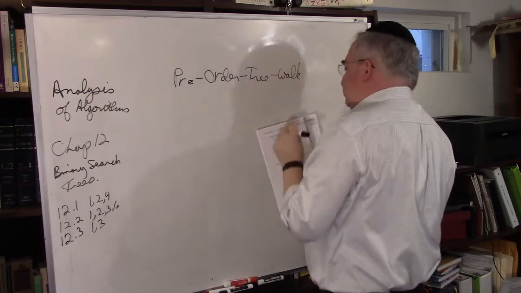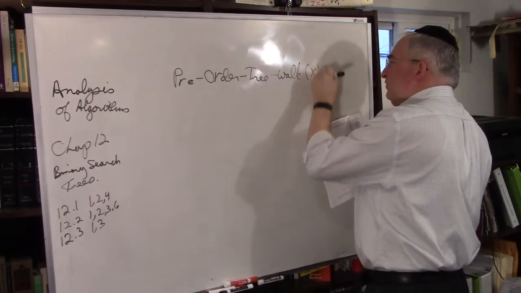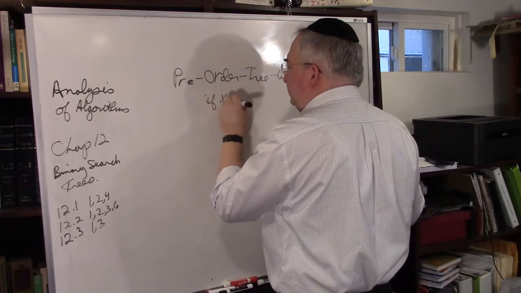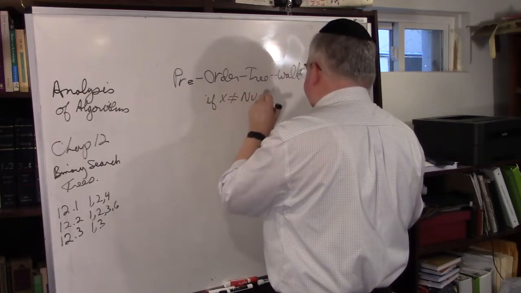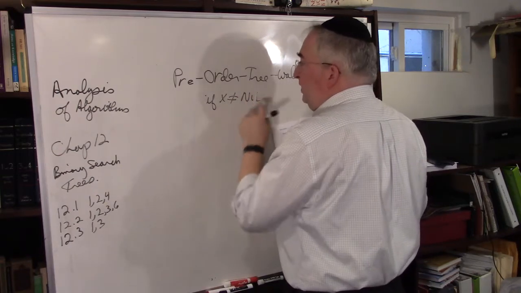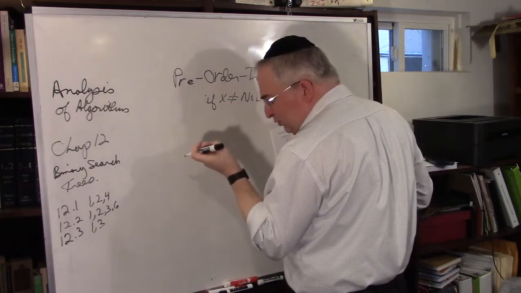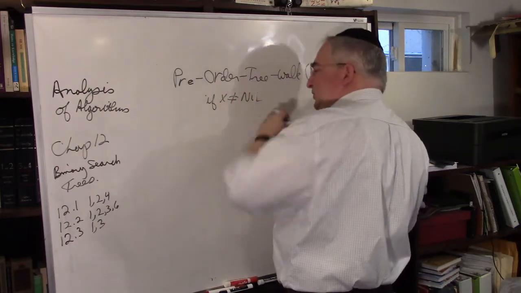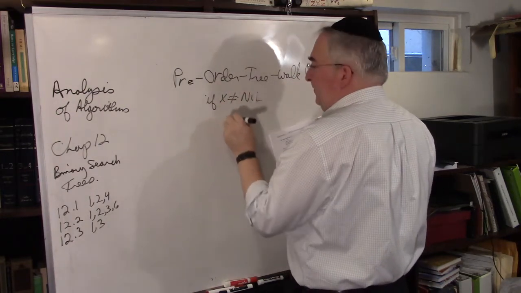The main thing is it should be recursive, because most of our algorithms are recursive. If x is not equal to nil, then this is pre-order, so first we do the root, and then we do the left side, and then we do the right side. So it's going to be as follows.